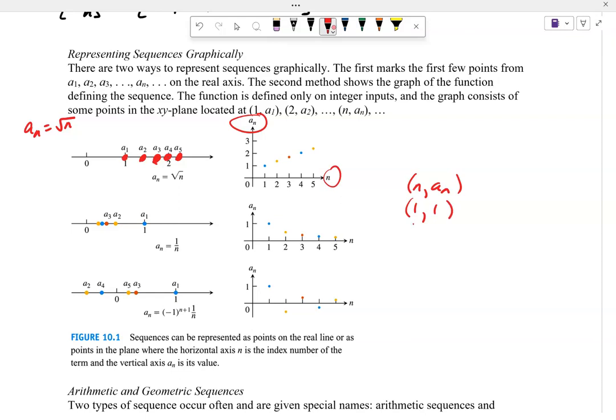If n is 2, the square root of 2 is the output, and you graph that point. If n is 3, you graph whatever the square root of 3 is. N is 4, square root of 4 is 2, right? And you have that point 4, comma 2 right there, and so on. All right, so you have the two different ways to graph sequences.